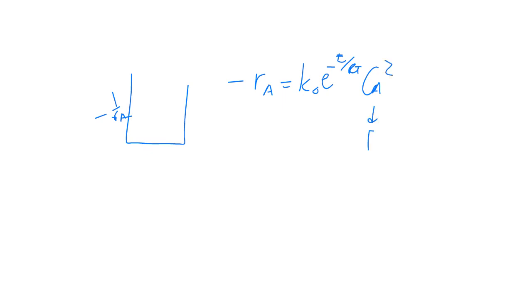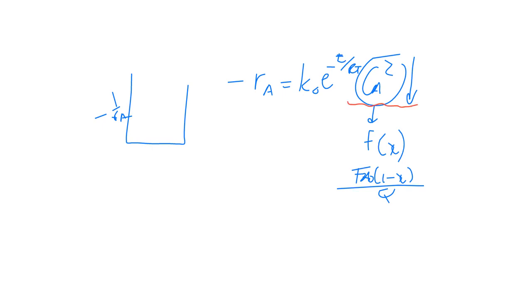But now, what happens in my rate equation? If I look at minus rA, I must remember that it is k with e to the minus E over RT, times CA squared. This is still a function of X, and it's still going to decrease as X increases. So as conversion proceeds, this part of my rate expression will go down, and it will want to result in a lower rate.